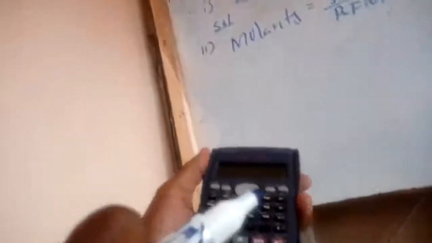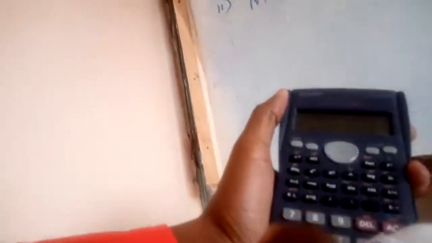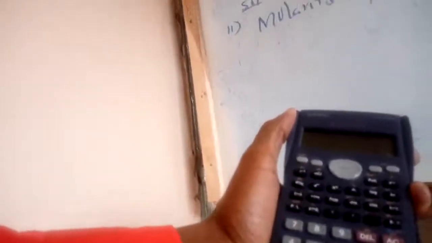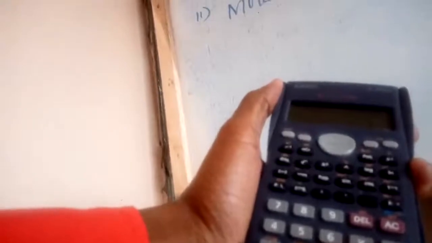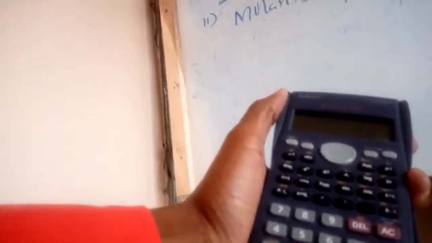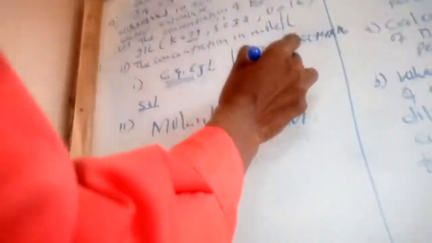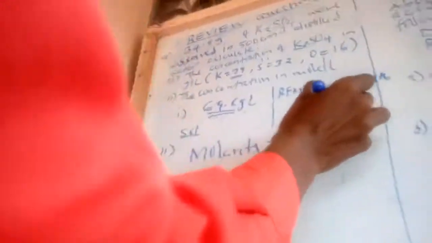From the calculator, I can come up with the total mass, and I'm going to start with potassium. There are 2 potassium, multiplied by 39, then I add 32 because of sulfur, then finally I add 4 multiplied by 16 because there are 4 atoms of oxygen, and each atom of oxygen has a relative atomic mass of 16, and therefore the total becomes 174, and that is exactly what I'm going to write here as RFM 174.